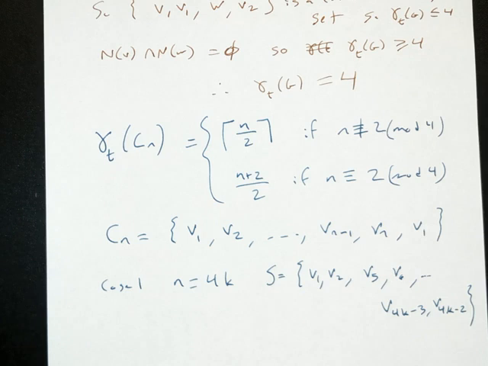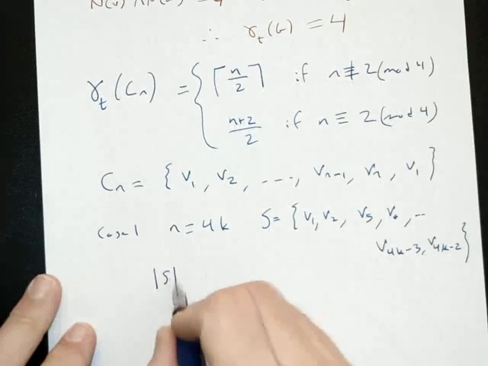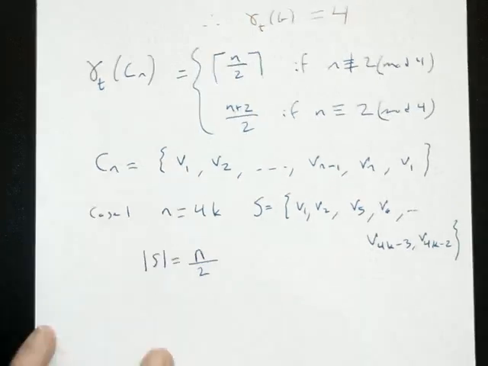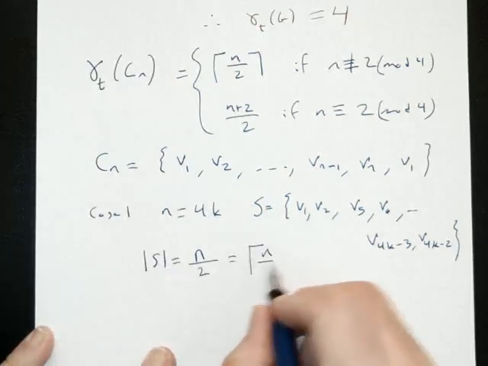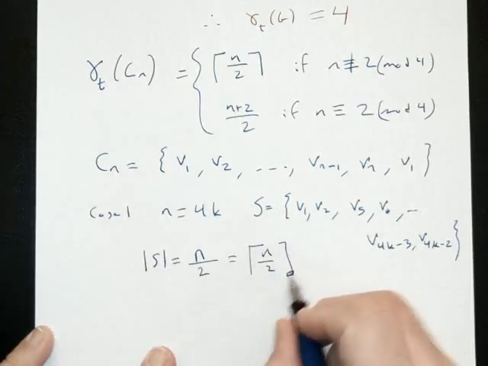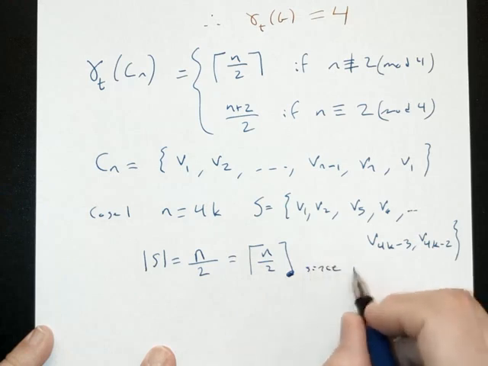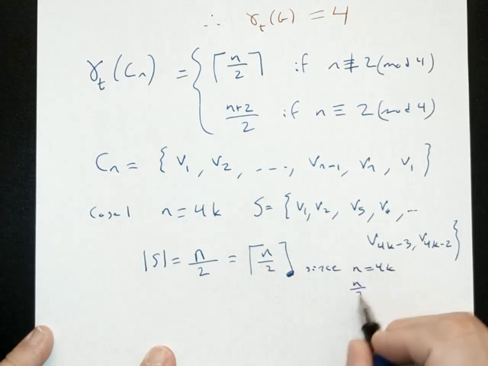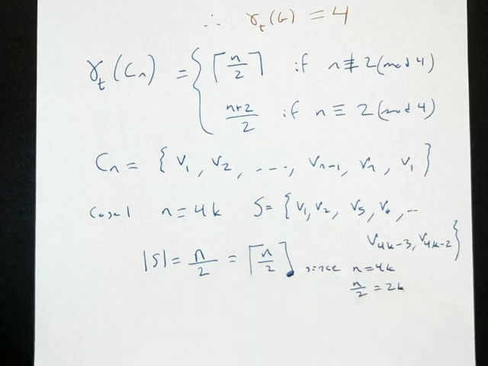So ceiling of n over 2 is n over 2. Ceiling of an integer is an integer.